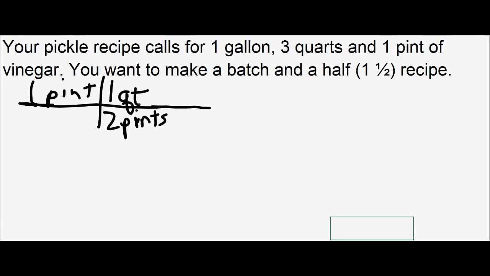And actually, with unit analysis, we can keep going. And now I have to change my quarts to gallons. There's 1 gallon in 4 quarts. So that multiplication, 1 times 1 over 2 times 1 over 4, would give me the number of gallons in 1 pint.